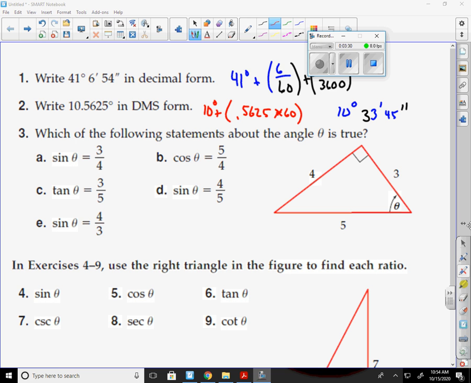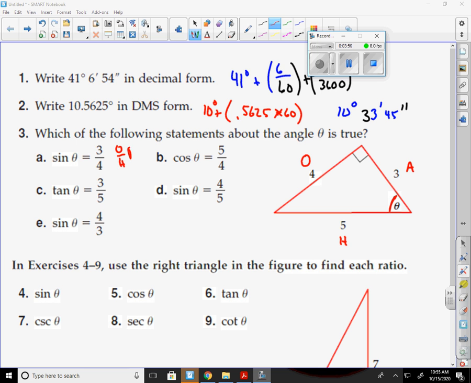If we move on to the next group of problems, which of the following statements about the angle theta is true? So if this is theta, then we know this is opposite, adjacent, and hypotenuse. Because this is the side that's the longest across from the 90-degree angle. Okay, sine is opposite over hypotenuse.